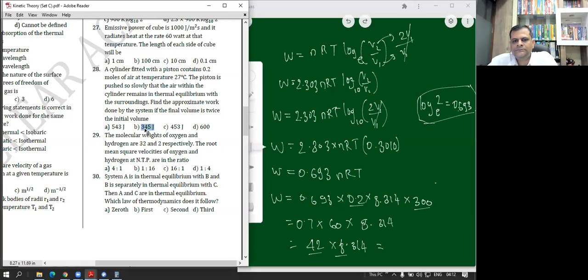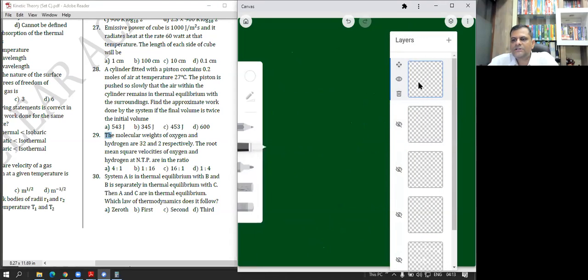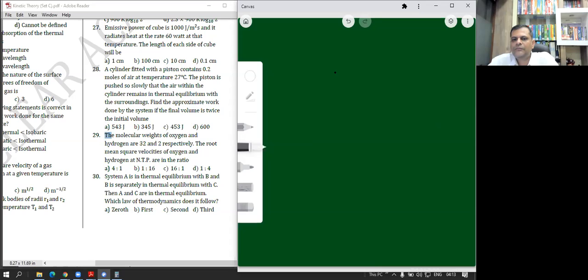Okay, chalo, next one. The molecular weights of oxygen and hydrogen are 32 and 2 respectively. The root mean square velocities of oxygen and hydrogen at NTP are in the ratio. Actually, this is based on a simple fact that the RMS velocity of gas molecules is inversely proportional to the square root of molar masses, because we have already proved that C is equal to root of 3RT upon M naught, correct?